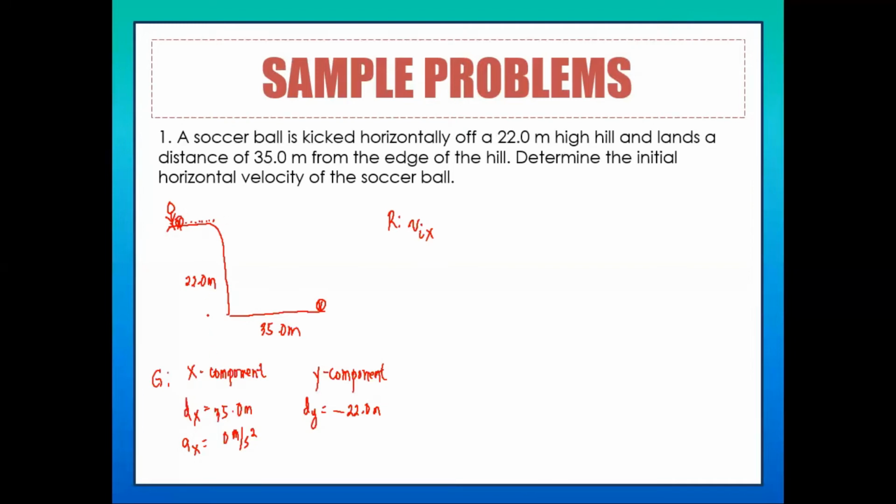Negative 22.0 meters. Na acceleration, yung A sub Y natin, negative 9.8 meter per second squared. Wala siya sa given, pero kailangan natin ilagay kasi nga we are describing the Y component.